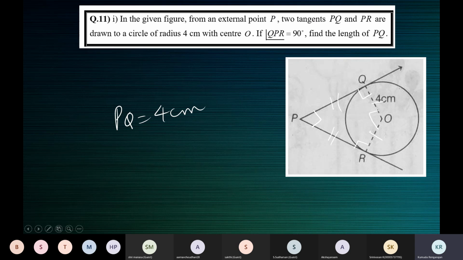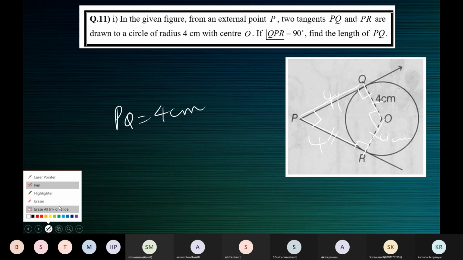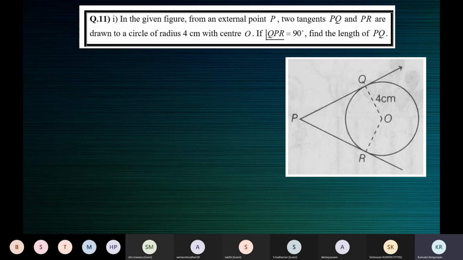No, not well justified. So you said every angle is 90 degrees. After that, you need to say something else. Because QO is equal to OR, 4 centimeters, fine. But why is PQ equal to PR? But why should they be 4? You're right, this is 4, fine.